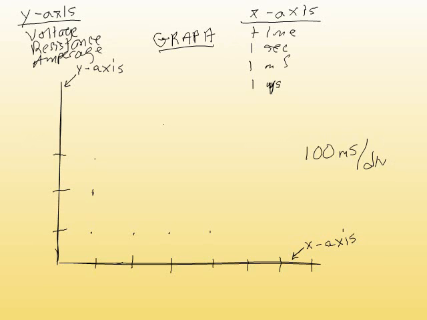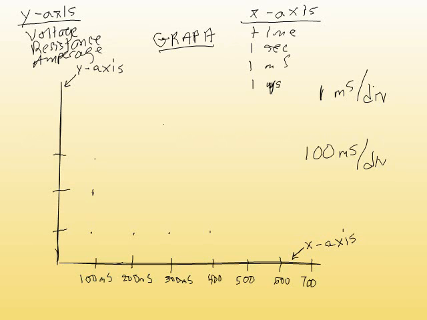So I can change that time base to be 1 millisecond per division. It's all just on how I set this thing up. If I'm looking at 100 milliseconds per division, right here I'm looking at 100 milliseconds, 200 milliseconds, 300 milliseconds, and so forth.